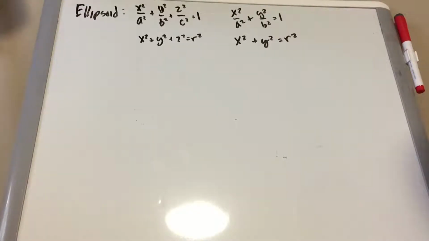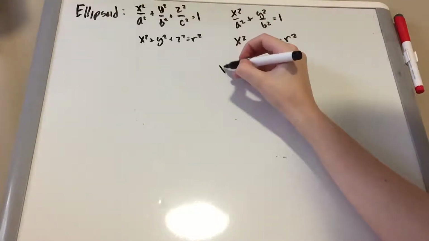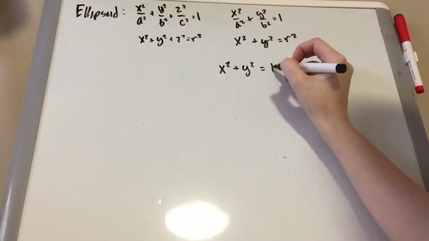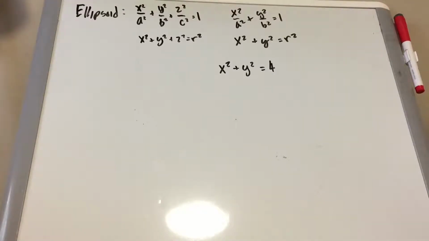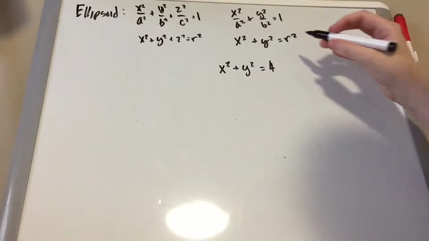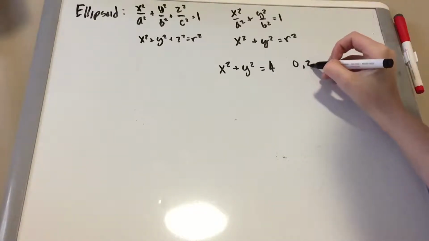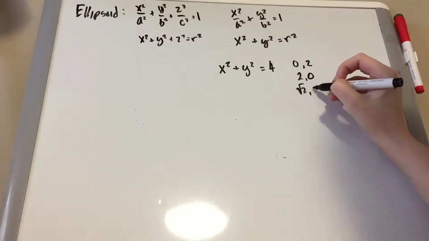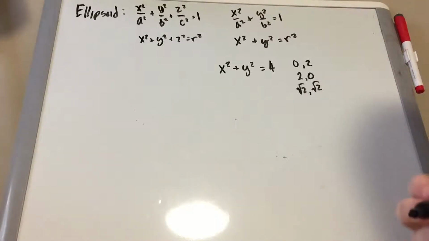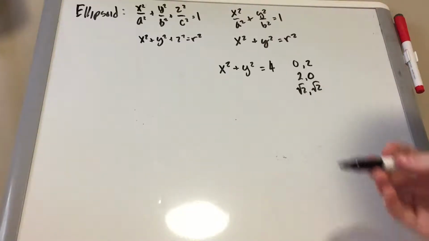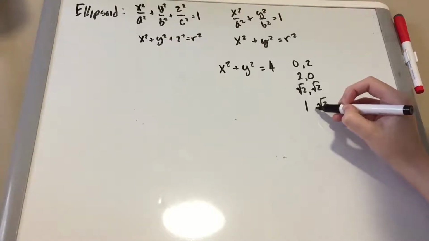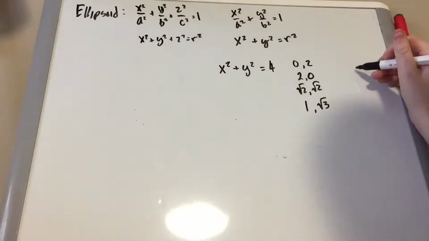So if we have a circle, say x squared plus y squared equals 4, we can get some values: (0, 2), (2, 0), (square root of 2, square root of 2), (1, square root of 3), for example.